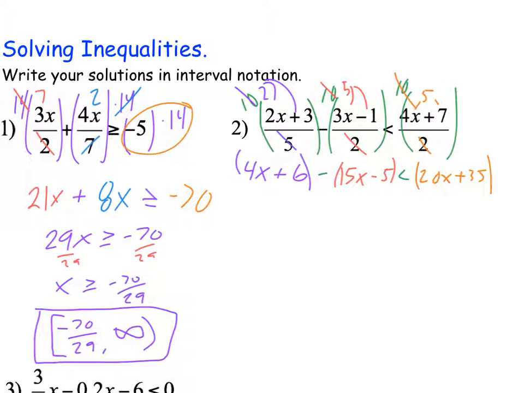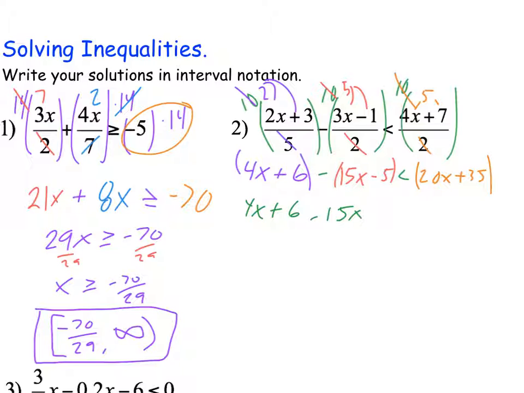So as I try to simplify this, again, that purple set of parentheses really isn't doing anything, so just 4x plus 6. Now as I look at this next set, minus 15x, and then minus negative 5, so that's going to be plus 5.